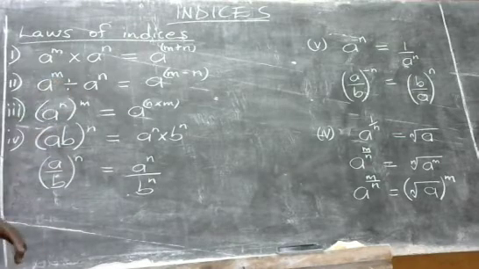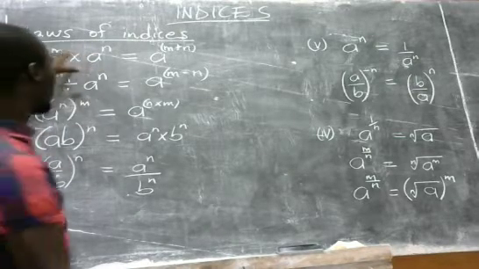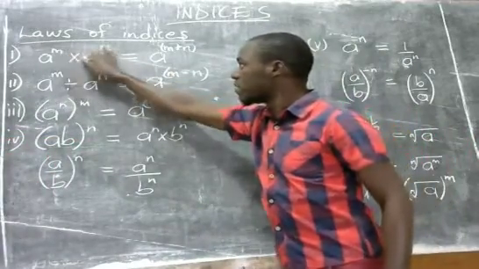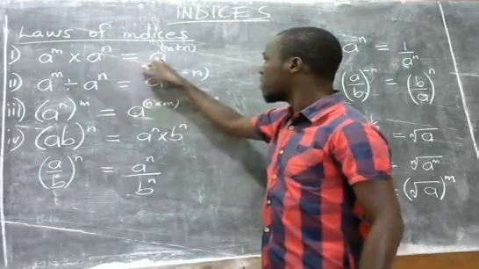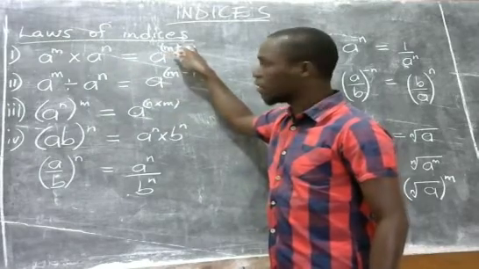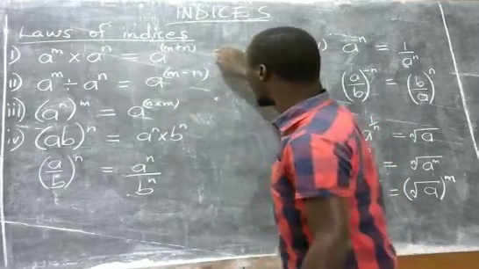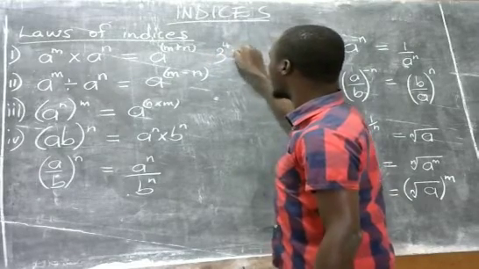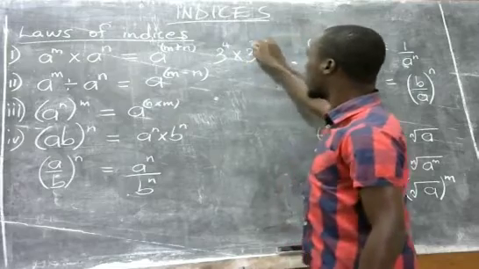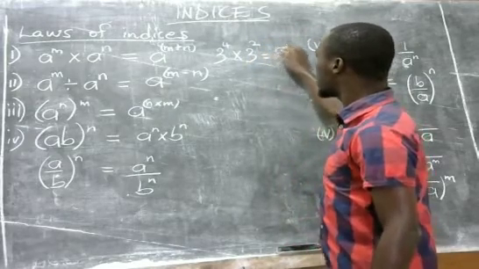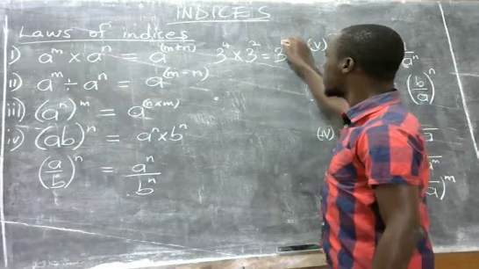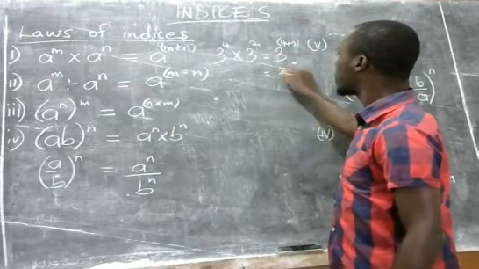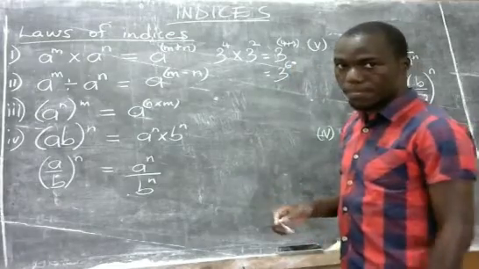The one that we had there, remember in primary, used to say multiplying numbers of the same base, you keep the base and then you add the power. For example, if I have 3 power 4, then times 3 power 2, I'm going to keep the 3, then I add the powers 4 plus 2 to have 3 power 6.